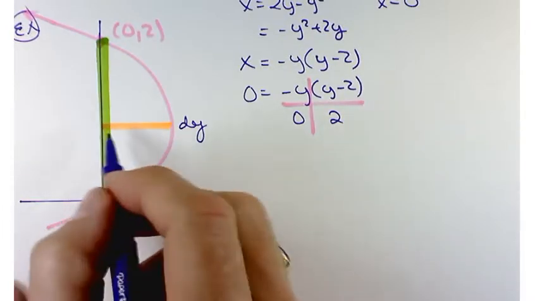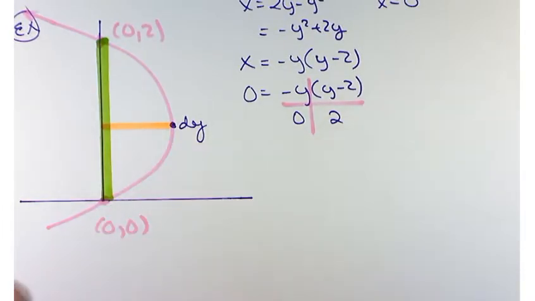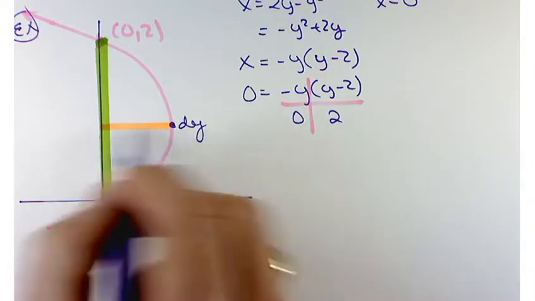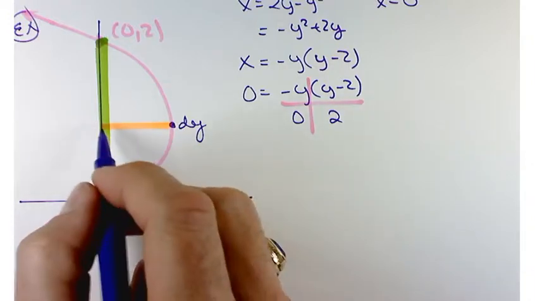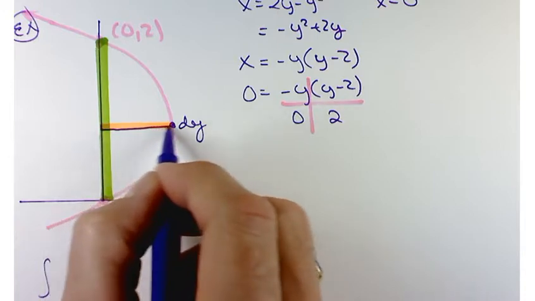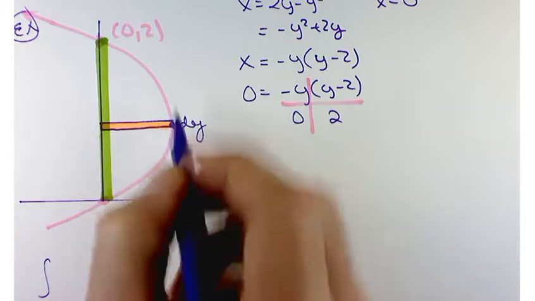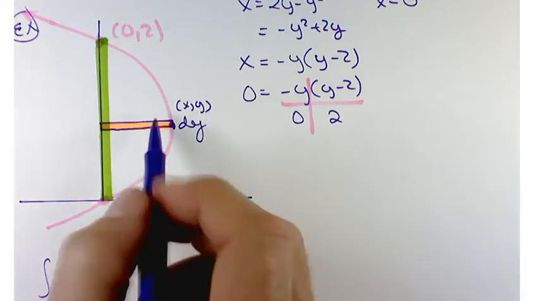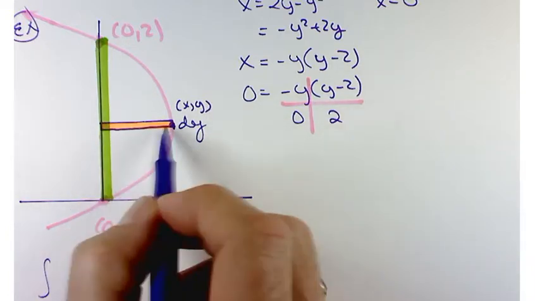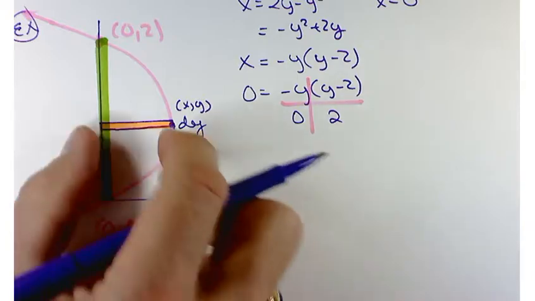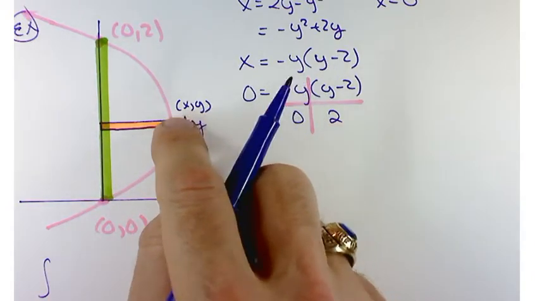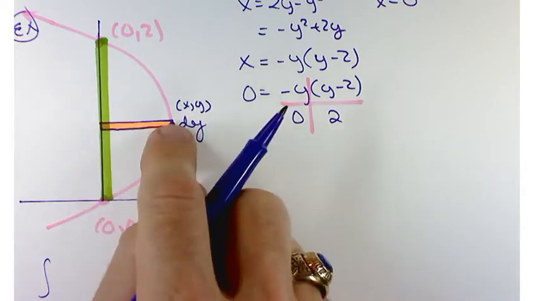But the dy slice works out pretty good. So let's take that dy slice, and I'm going to integrate this little piece. Let's see if I can't find the area of that one. This has coordinates of x and y. This distance here is x minus 0, or excuse me, this area is x minus 0, or just x times dy.